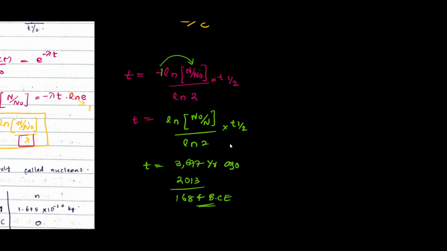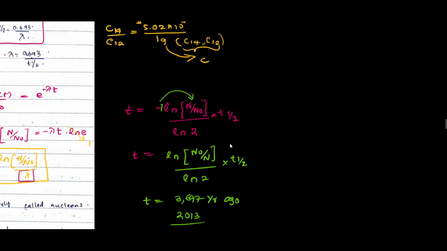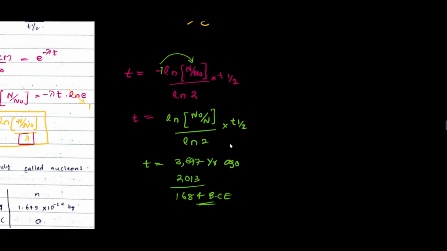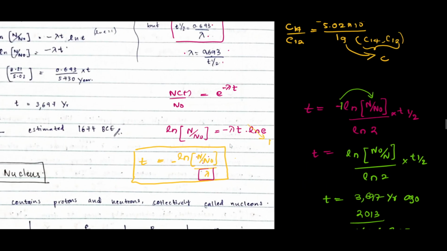Here, you are not going to get a question up to this level in our exams, but for you to understand what this carbon 14 dating is, if you go through this question properly, you will get the idea why we do this and how we do this.